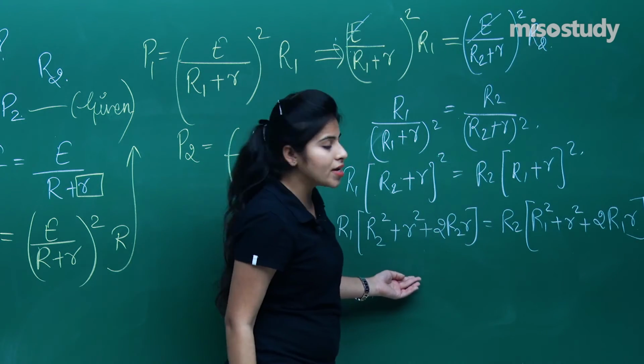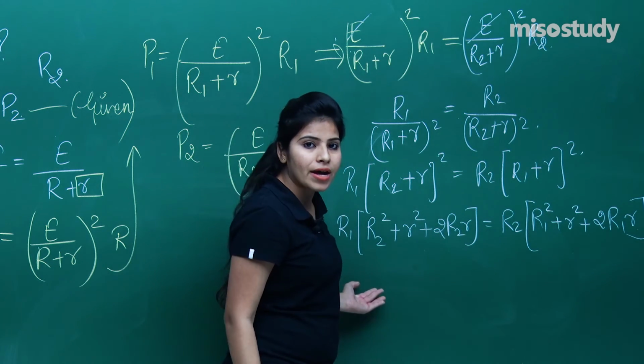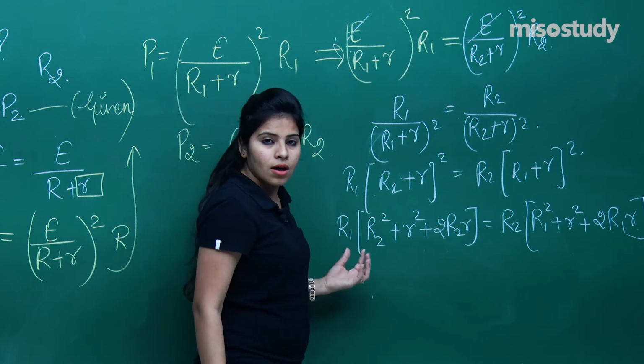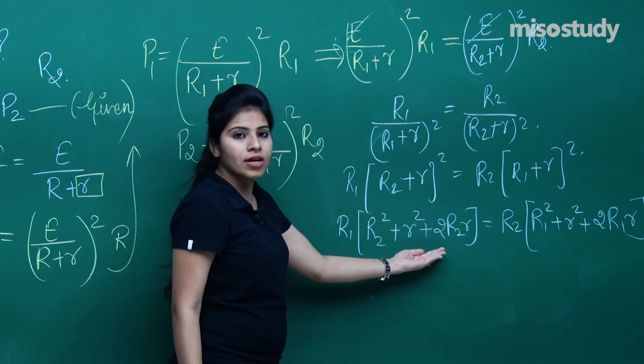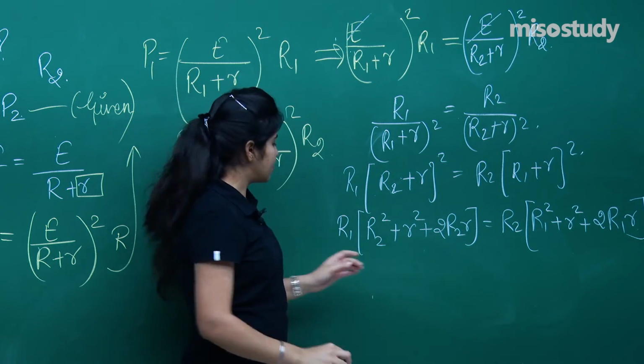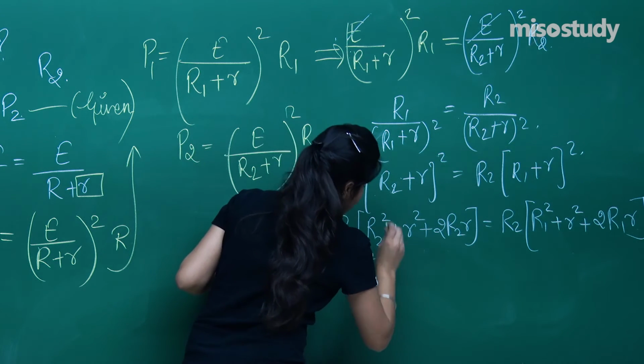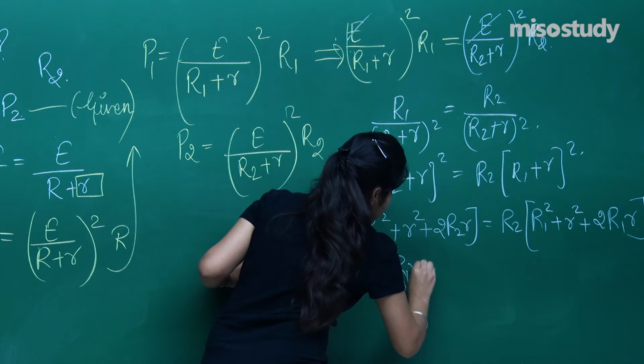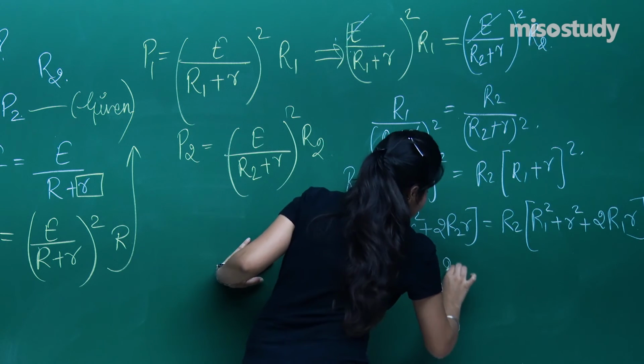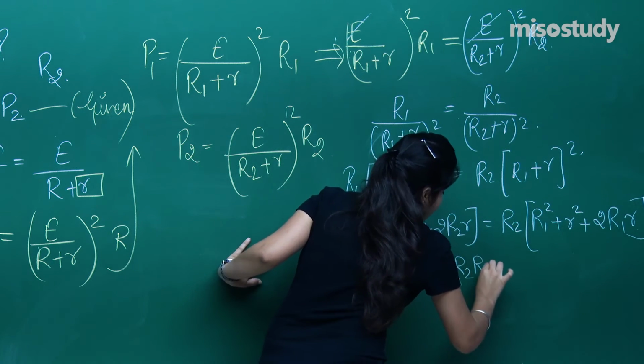Now what you can do over here, you can just remove this bracket, that means multiply this outer term with this complete bracket term. So you will have R1 R2 square plus R1 into small r square plus 2 into R2 into R1 into r.